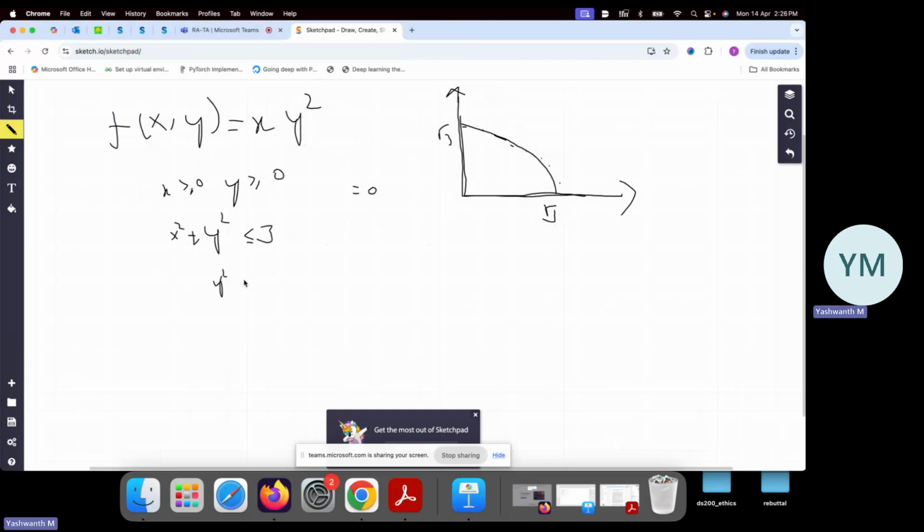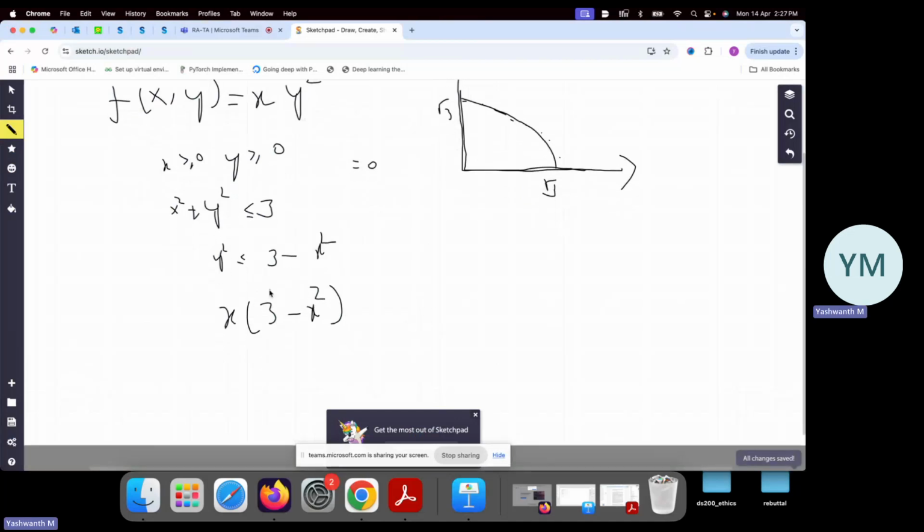So y squared is less than or equal to 3 minus x squared. You can substitute this here: x into (3 minus x squared). And let's try to find the critical points of this. So we get 3 minus x squared equal to 0, so x equal to 1.